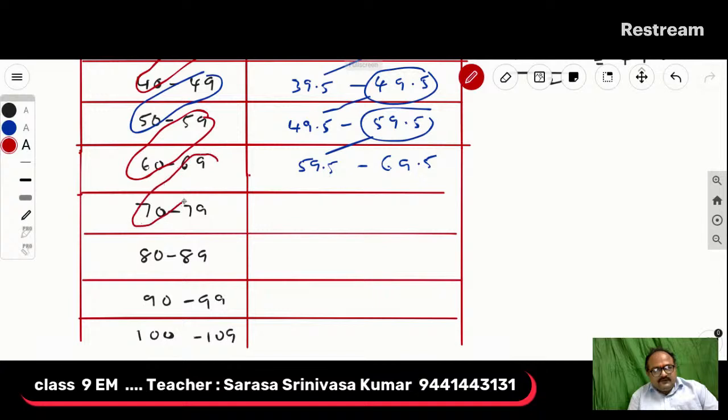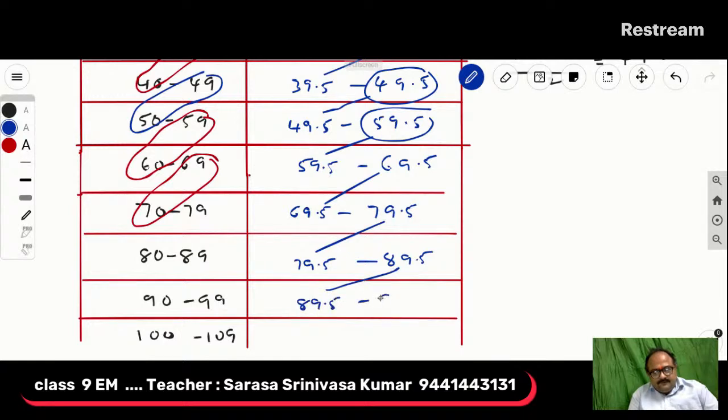And the next is 69 to, so we start here 69.5 to 79.5. Again, these two are same. Here also 79.5 to 89.5, and this will be the same 89.5 to 99.5. That is, we are calculating the average of these two.